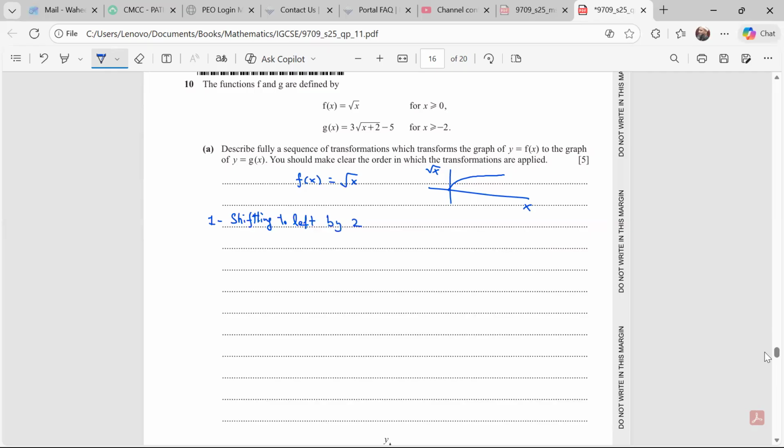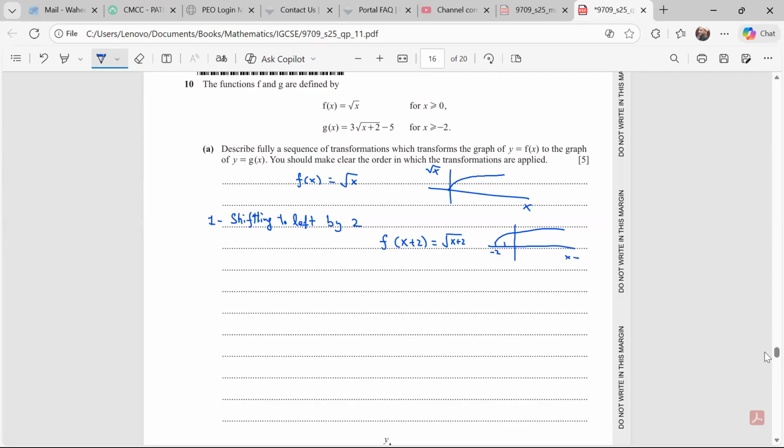So it will become f of x plus 2, which is root of x plus 2. The way it looks is something like this. So 1 unit, 2 units. The same function has moved to the left by 2 units.